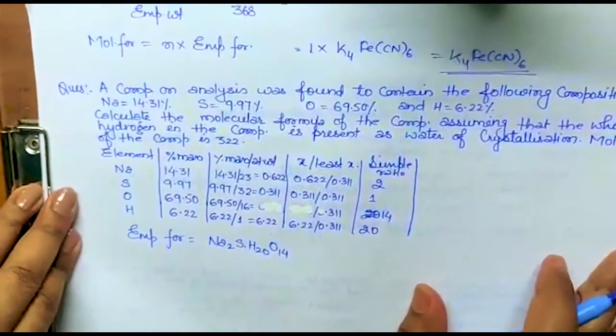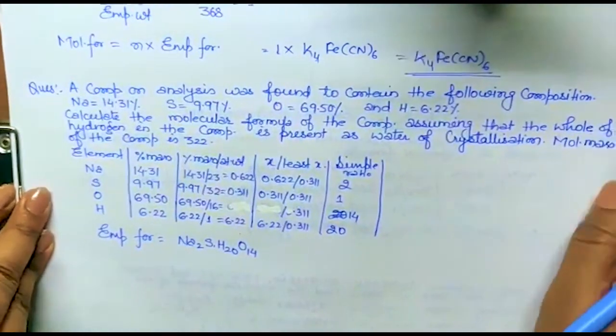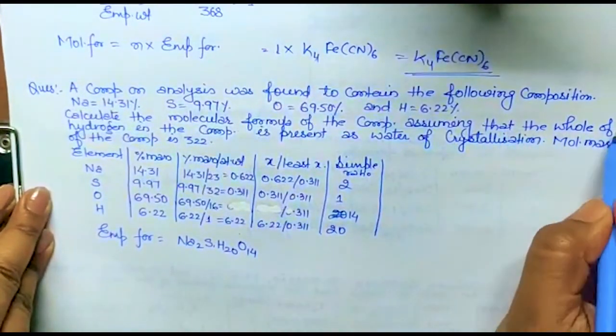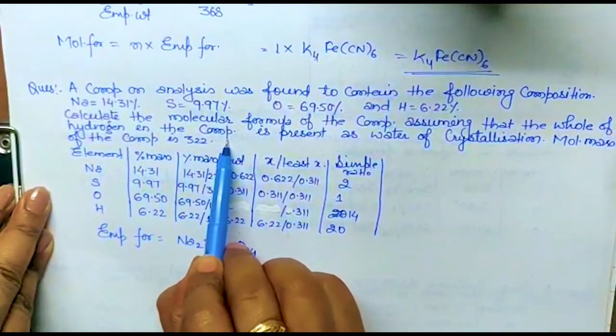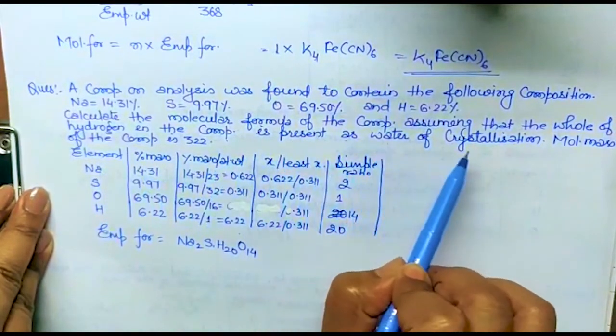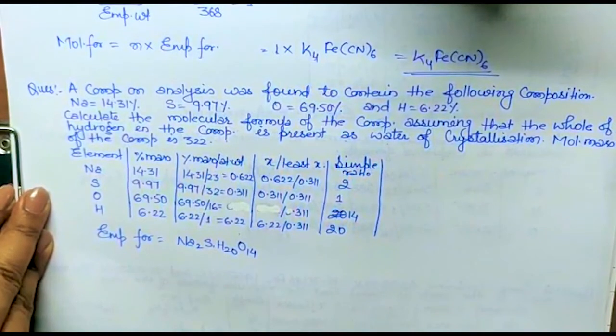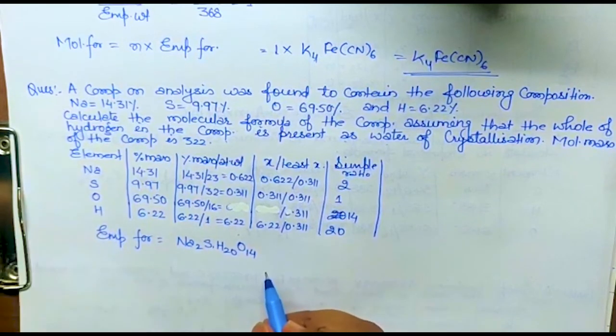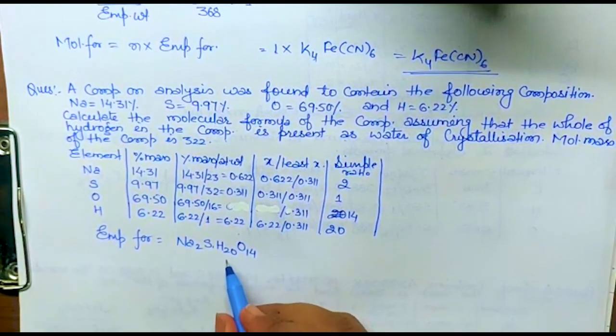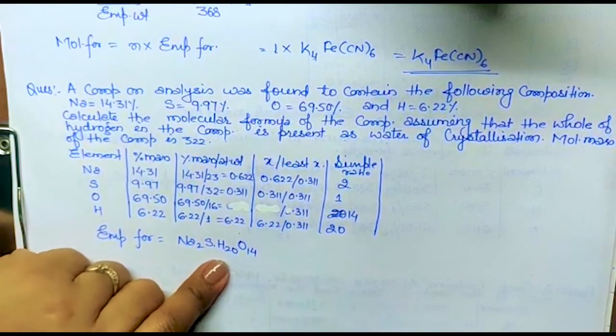Got it? Now read the question again. Assuming that the whole hydrogen in the compound is present as water of crystallization. Got it? That means whatever hydrogen there is, that is present in the form of H2O. So how to do it? Hydrogen is 20 and all the hydrogen is present in the form of H2O.